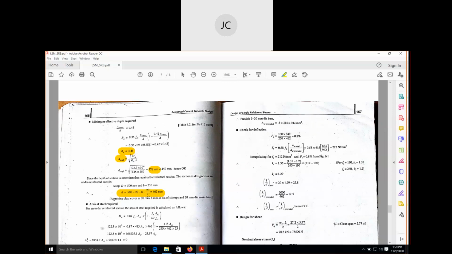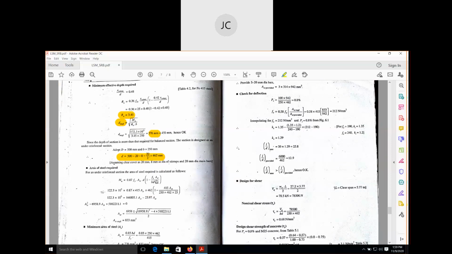Next we have to find out the area of steel. The area of steel for an under-reinforced section, this equation you will get from IS 456 plus SP 16. In this equation all the values are known except Ast. So you put all the values and solve it. If you solve the equation, you will get area of steel required is 833.